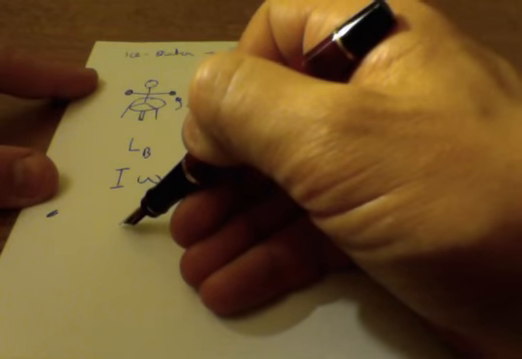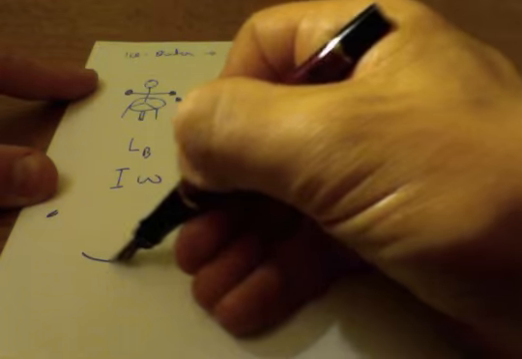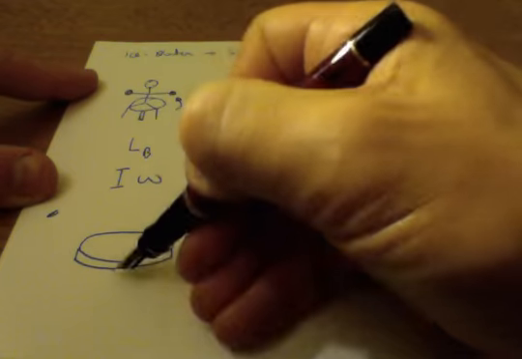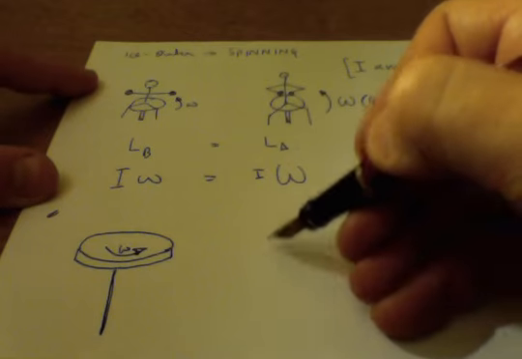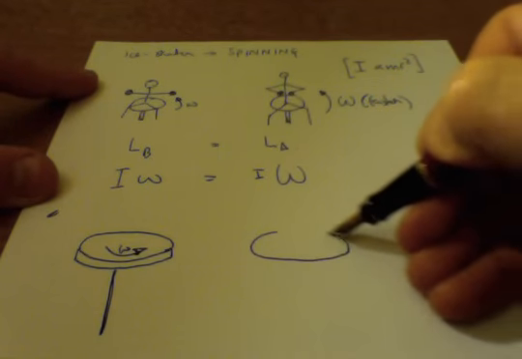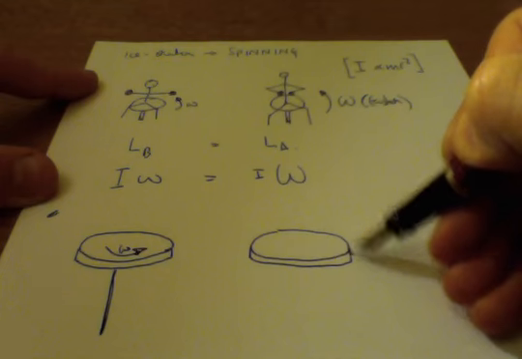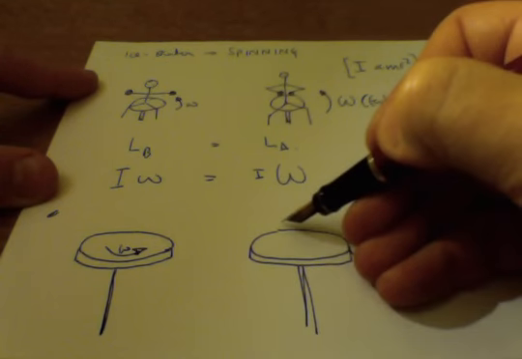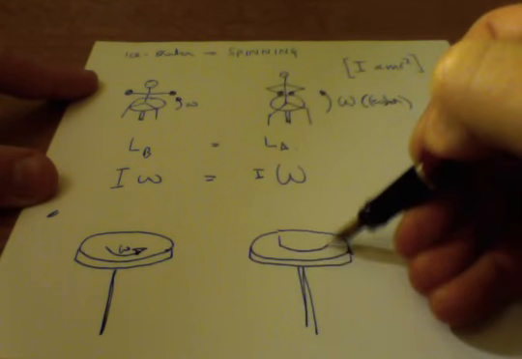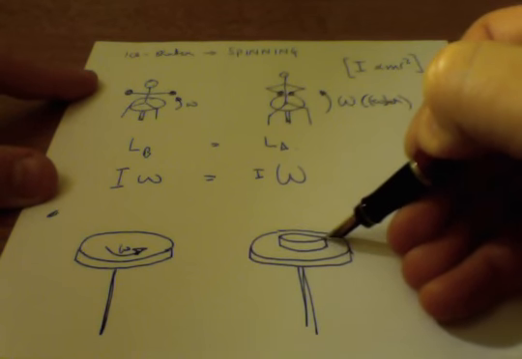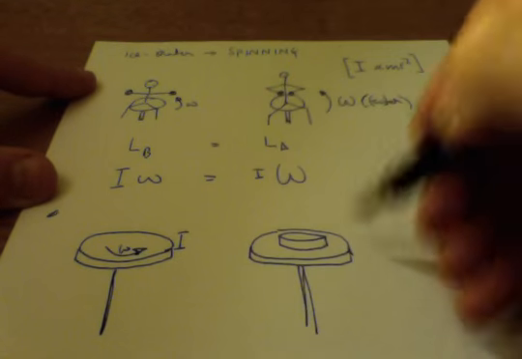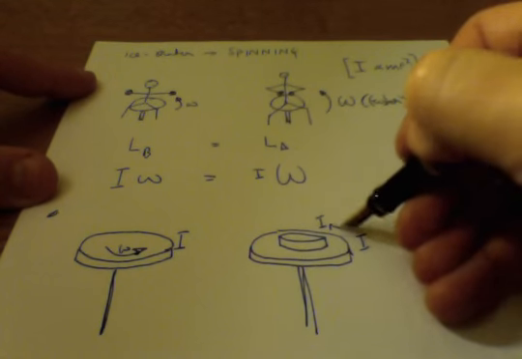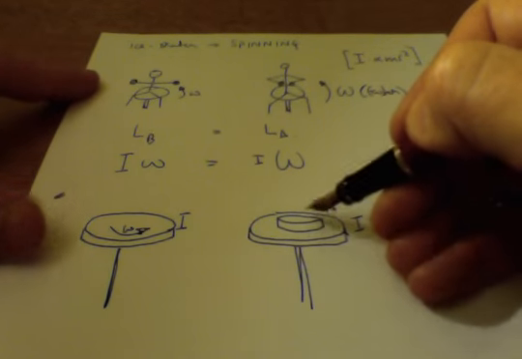Well, if you had systems with rotating disks on a spindle, this is rotating at a speed omega, and then suddenly we drop on it another disk which has its own moment of inertia, then you can imagine this is acting like a collision.